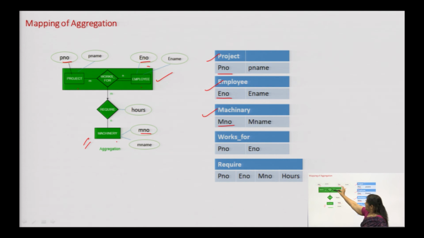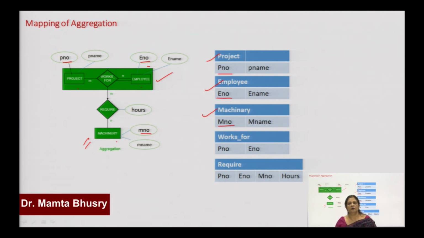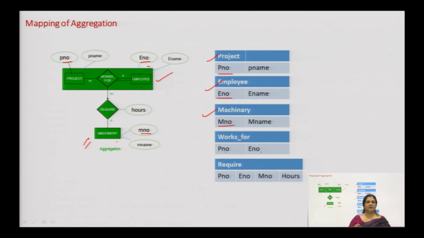Now, for the relationship works for, we have already done it. It is shown over here as an M is to N relationship. How do we map an M is to N relationship? PNO, ENO, that is the primary key of both the participating entity types, into a new relation. This is what we have done.